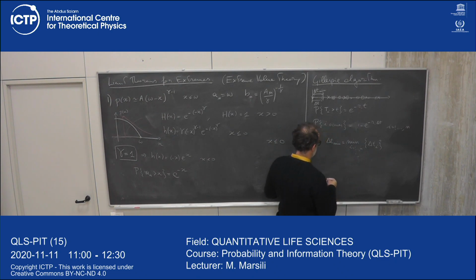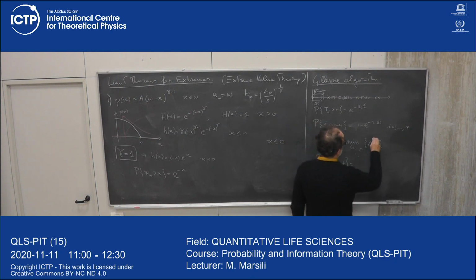And so then I can apply the extreme value theory, and essentially the probability that what I have to wait is larger than some t will be equal to the probability that no process occurs up to time t.